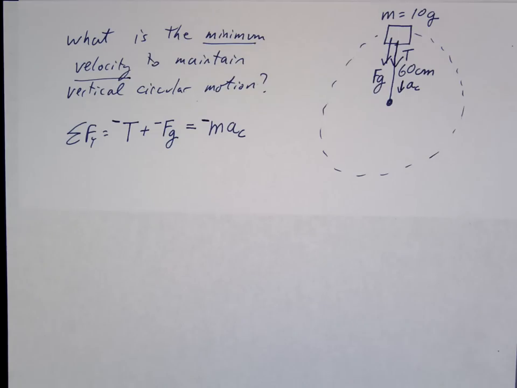It barely makes it around. So what would be the tension when it barely makes it around? 0. Exactly. Maybe it's 2 newtons, 1 newton, half a newton, 0.1 newtons, smaller and smaller, 0.000 with a huge number of zeros and a 1. Let's just round it to 0.